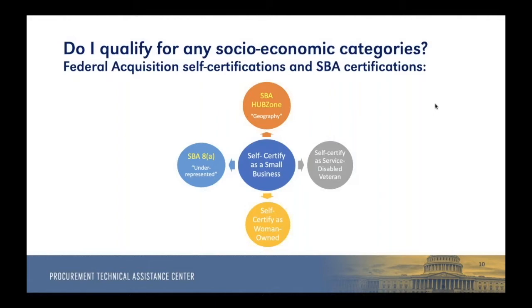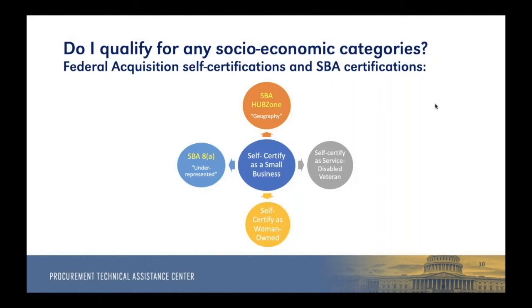And one thing to note is that the HUBZone program is one area where the federal government often falls short in their contracting requirements, so they sometimes don't reach that 3%. So if your business is located in a HUBZone, that's really good to use as a marketing strategy because they are definitely looking for that.